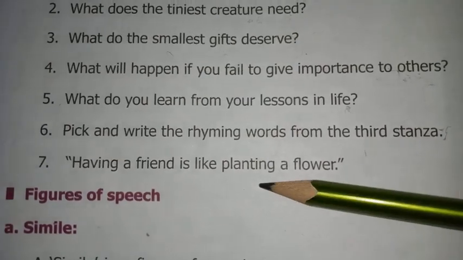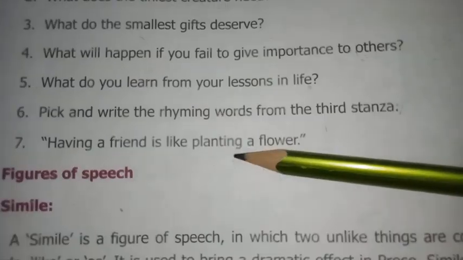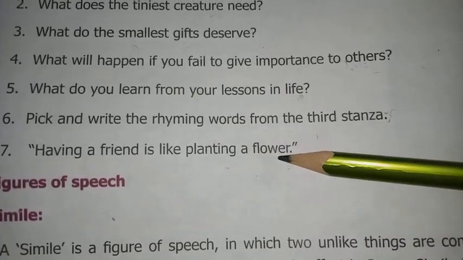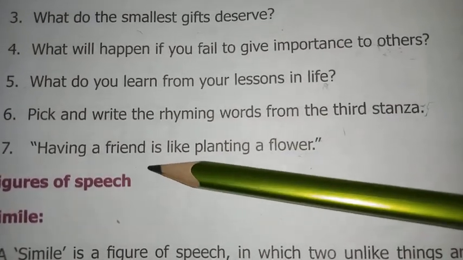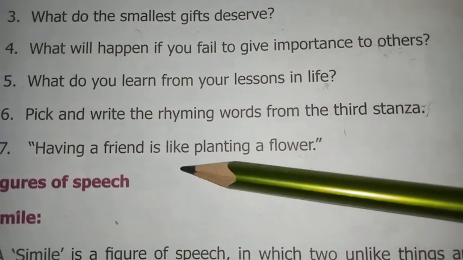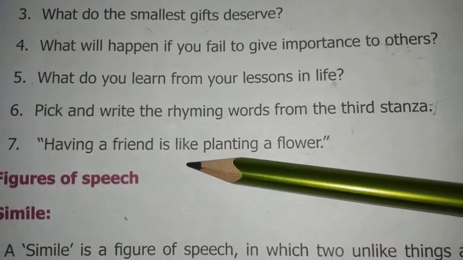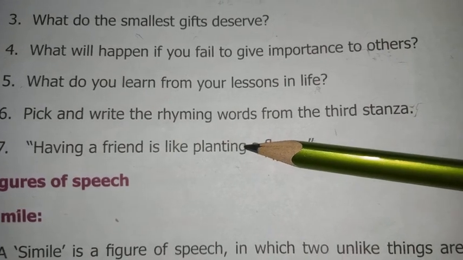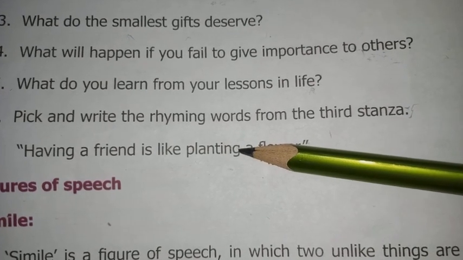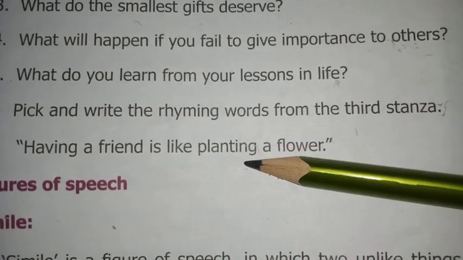Then see the seventh question. Here a poetic line is given as a question, and they will ask what is the figure of speech mentioned in the poetic line. So what is the figure of speech?